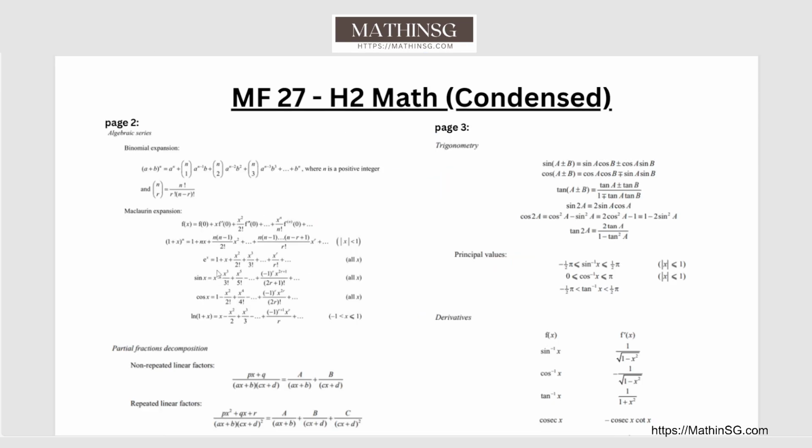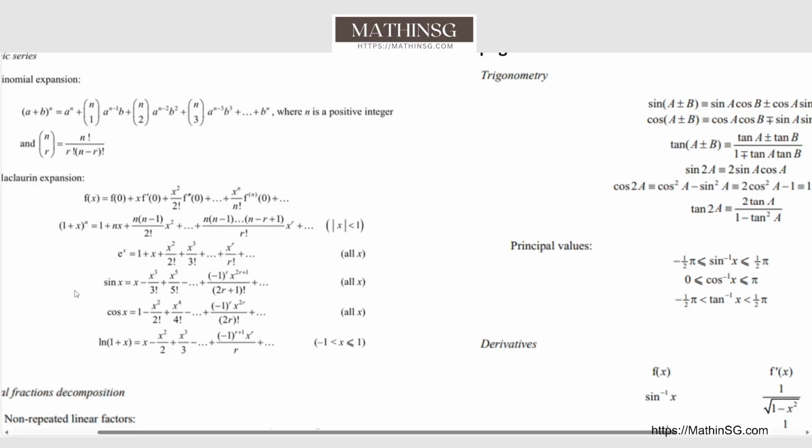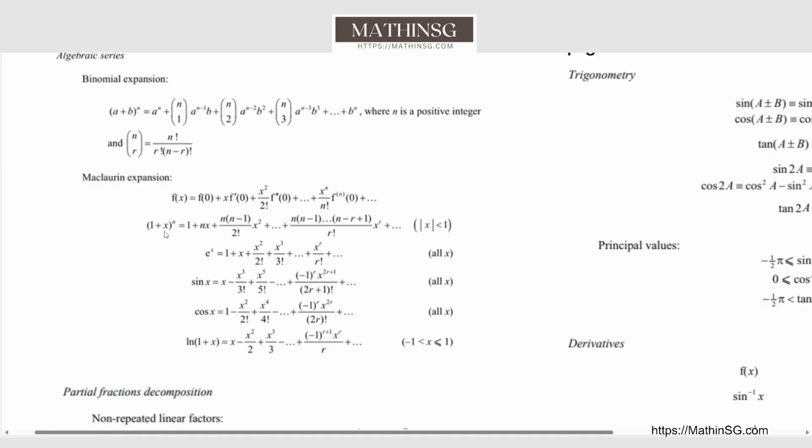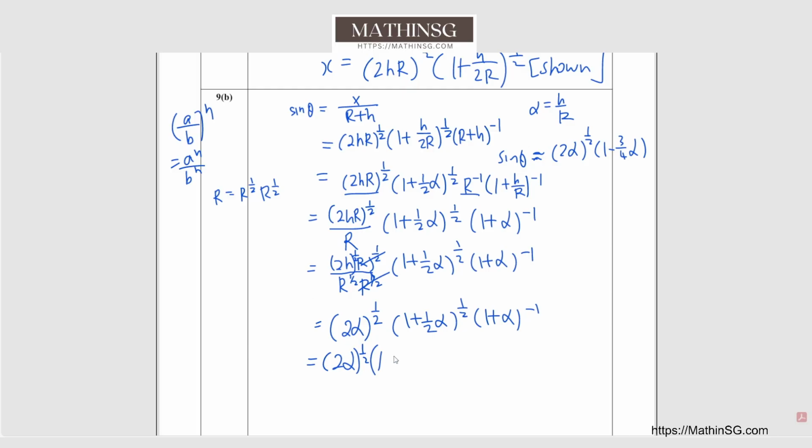So let me blow this up here. It's basically 1 plus x to the power of n equals 1 plus nx. I don't need the x squared terms and so on, because based on what I need to prove, I just need it to here. So using the formula booklet, it will be half times half alpha, which is 1/4 alpha.